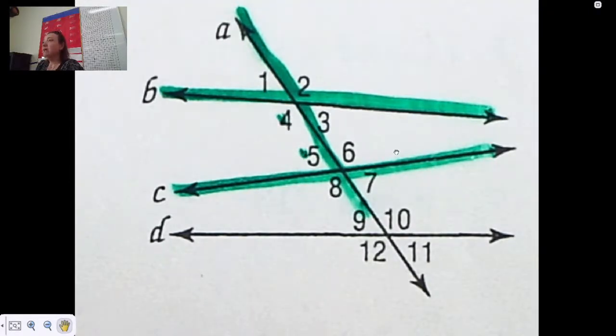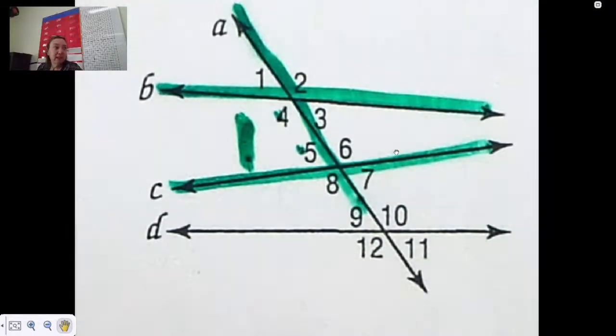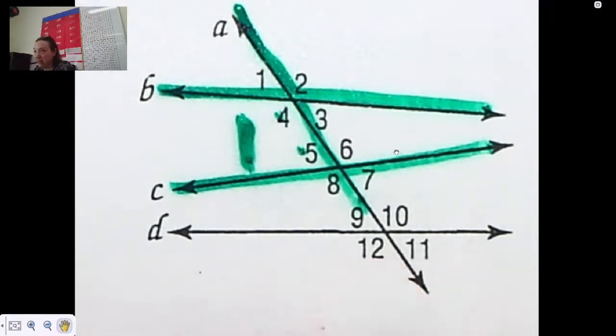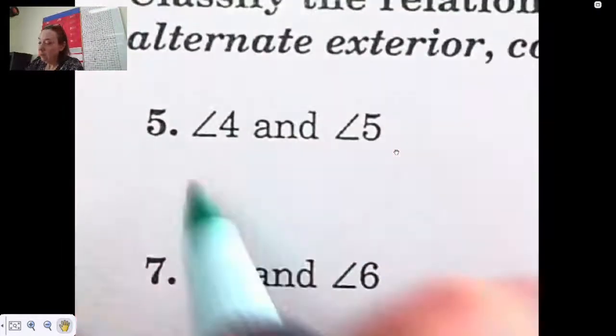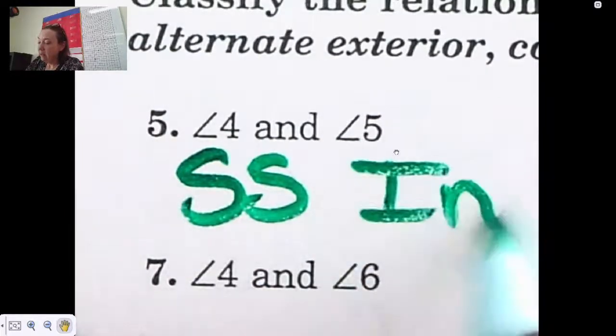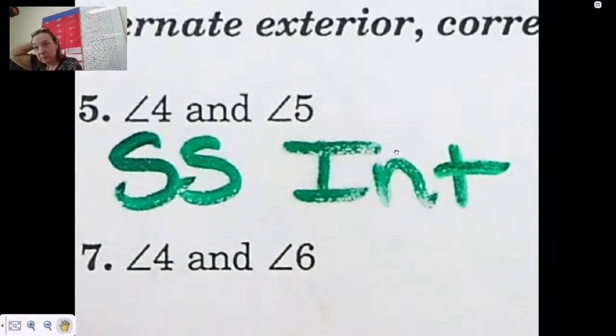Are they on the same side or alternate sides? Same side? Interior. Because they're inside that B and C. Doesn't matter that they're not inside D. That doesn't make any difference. All right? Okay, so number 5, your answer would be same side interior. I'm going to abbreviate. Same side interior for number 5. Okay?